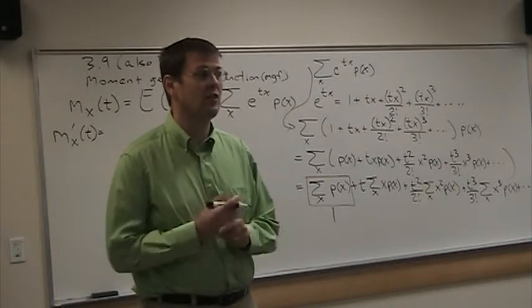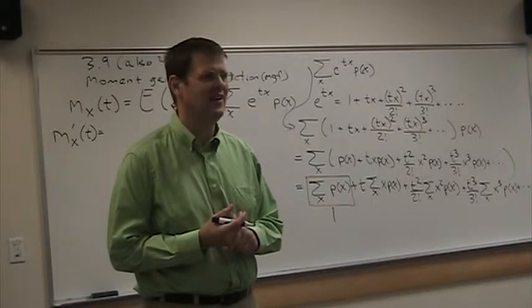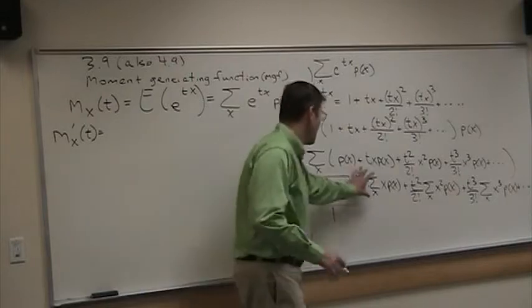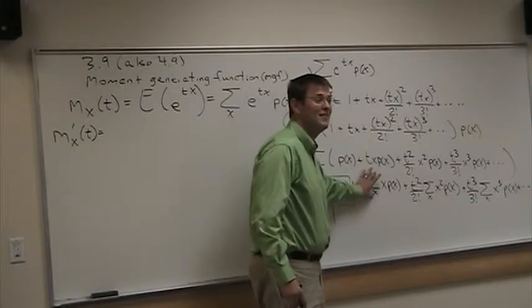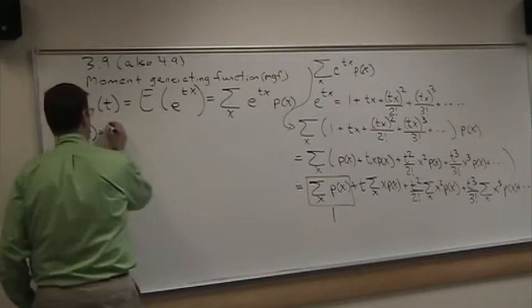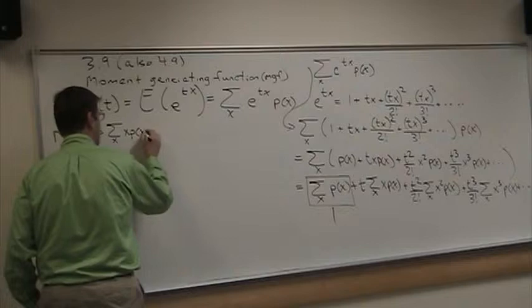So the derivative is going to be whatever the coefficient of t is. What's the coefficient of t? It's that entire summation, right? Okay. So we've got the sum over all x of x times p of x.